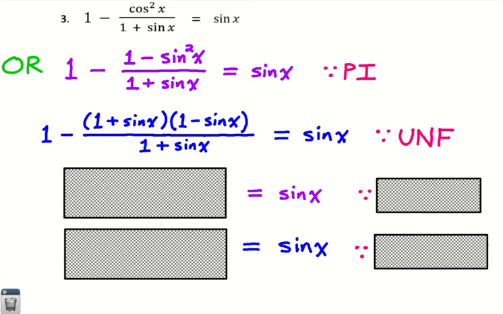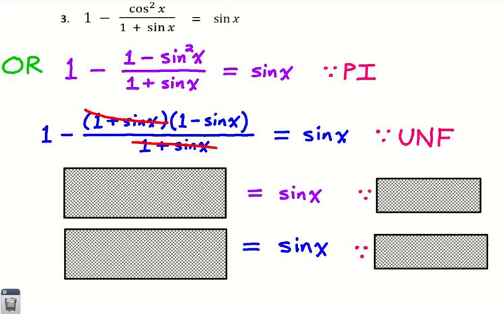Or, you get it? It's the difference of two perfect squares. And so anyway, you can take 1 minus sine squared and unfoil it into these two bubbles, which immediately leads to that bubble canceling with the entire denominator.